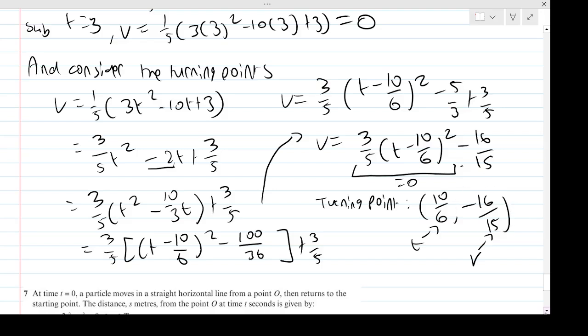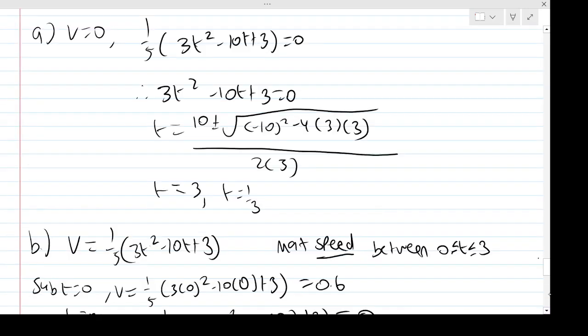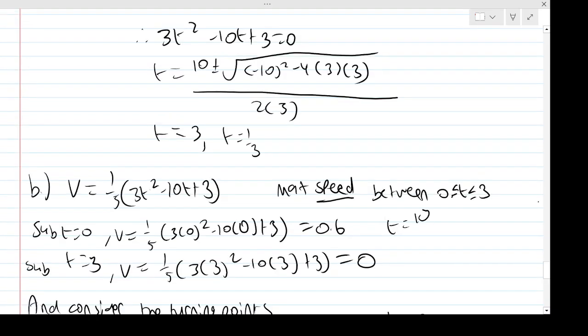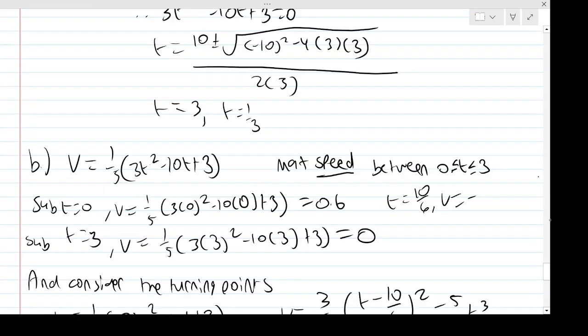So when t is 10 over 6, v was negative 16 over 15. Or as a number, that is negative 1.067 to 3 decimal places.